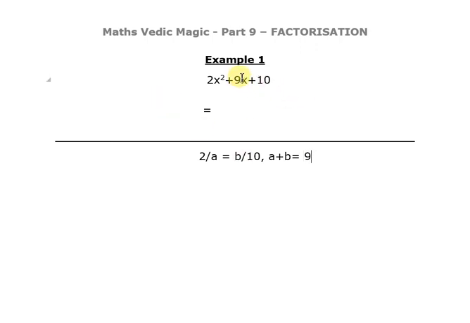So now which numbers would satisfy both these conditions? A plus B shall be equal to 9 and A into B shall be equal to 20.